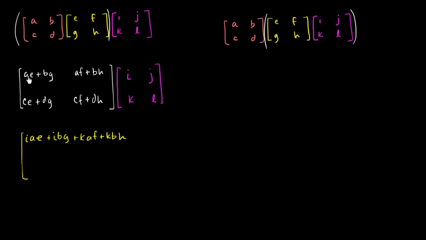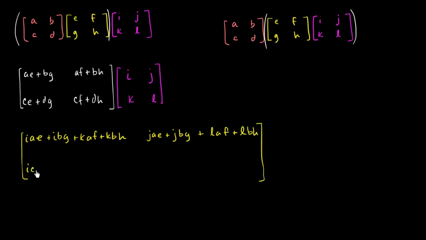And then we're going to multiply this. Essentially, we're going to consider this row and this column, first row, second column. And so you are going to have JAE plus JBG plus LAF plus LBH. So these matrices are bigger than I expected they would be. And then you're going to have over here this times this plus this times this.